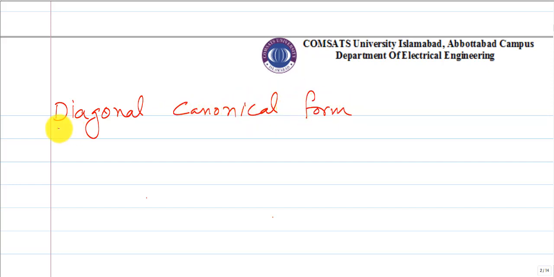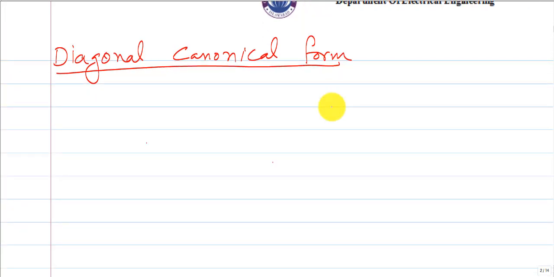The diagonal canonical form is obtained for a system which has distinct eigenvalues, and we use partial fractions to separate these terms so that we can get the diagonal canonical form. To understand it, let's look at one small example.